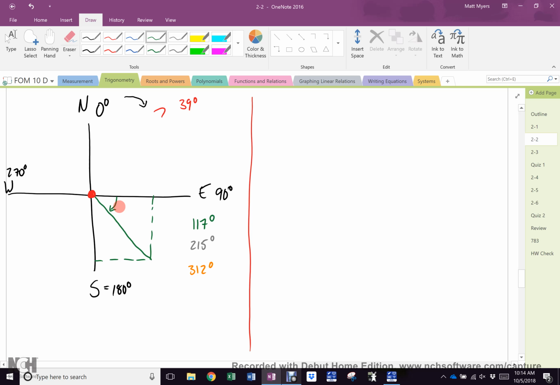How big is it? The whole thing was 117. How much is that part of it? 90. So how much is left over for that? 27 degrees. Which automatically makes this what? 27 degrees.